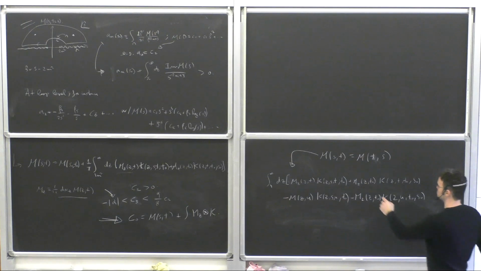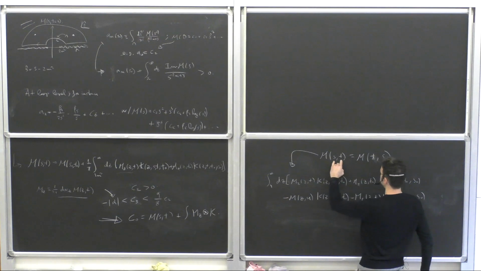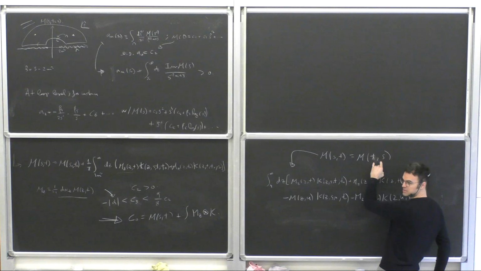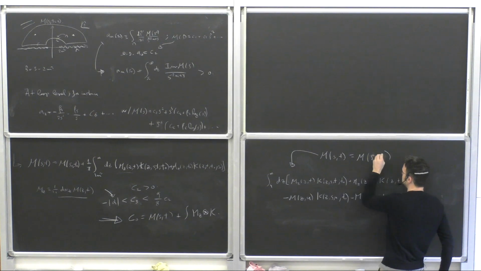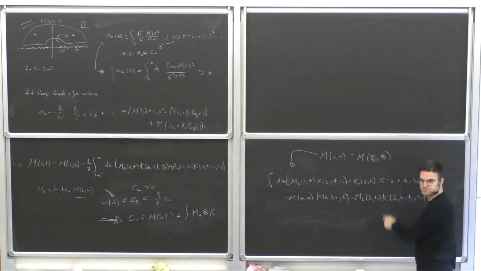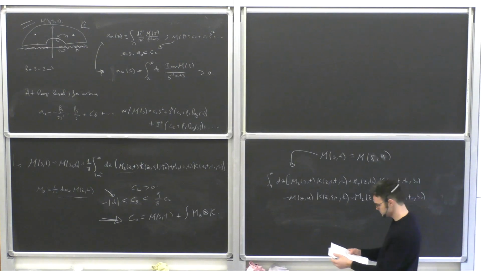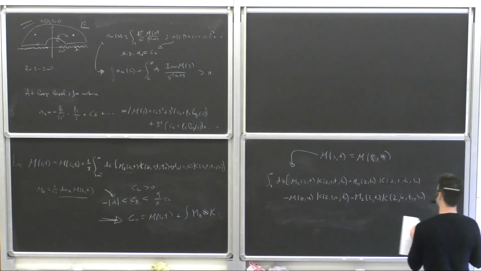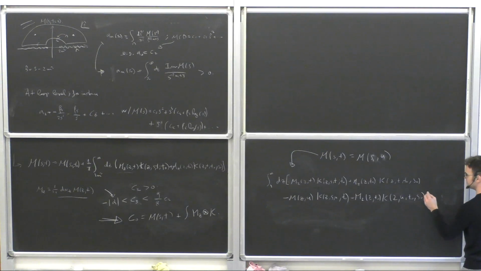Actually, note that because this was su symmetric, I may do ts symmetry or tu symmetry, which should be equivalent. In this equation here I'm using tu symmetry. Now this is a functional identity, and this should be 0.